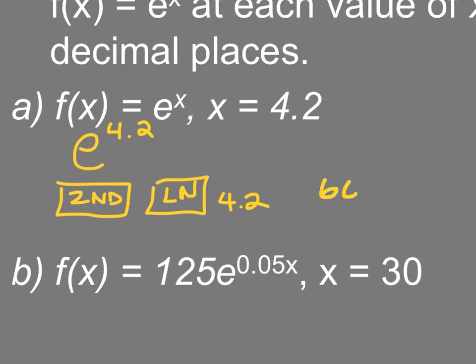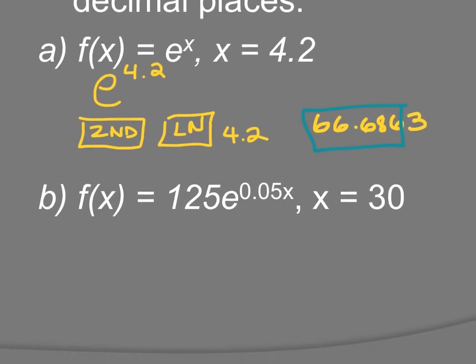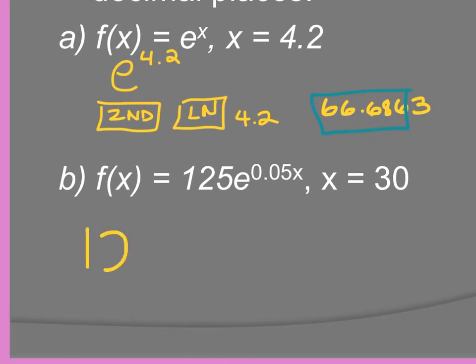And you get 66.68663. So when I round it, I lose the 3: 66.686. The next one is 125e.